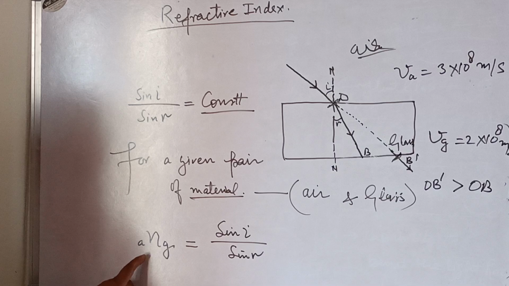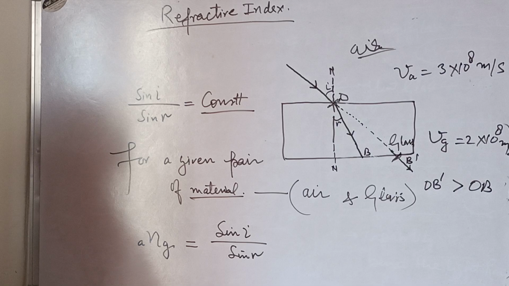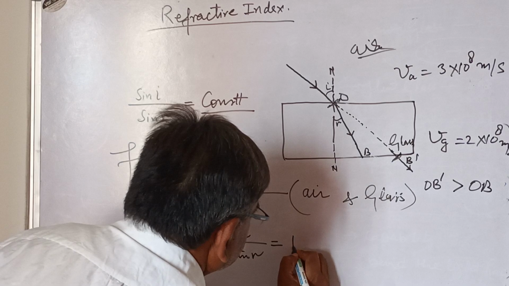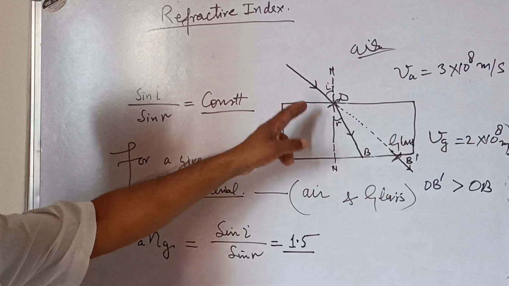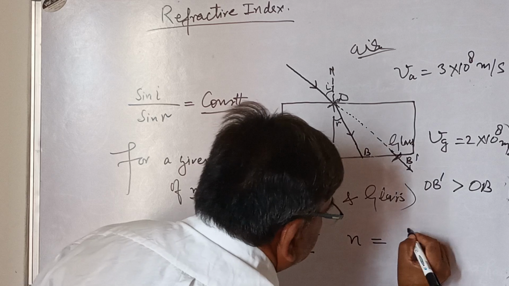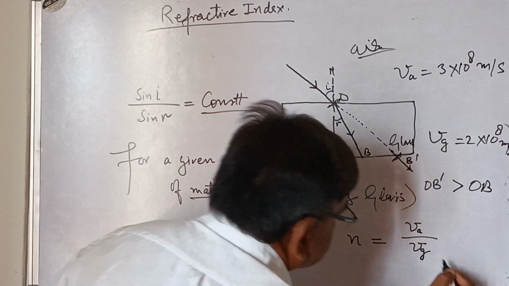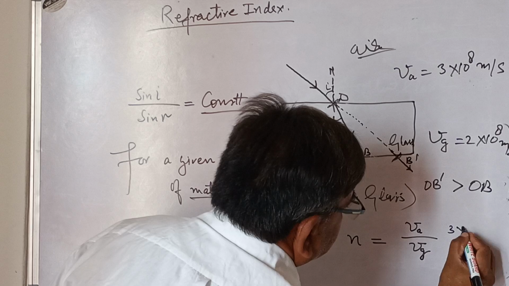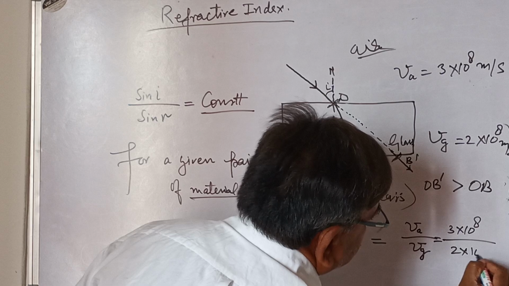Then how will you explain the term n in respect of the velocity of light? Here it was found the refractiveness of glass with air is 1.5. So there is also a relation: n is equal to V air, VA, upon VG. Here it is 3 into 10 to the power 8, and here it is 2 into 10 to the power 8.